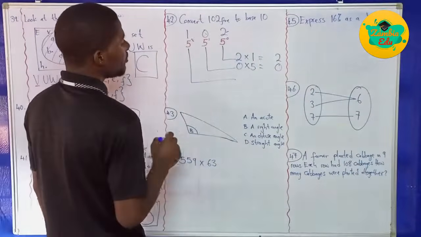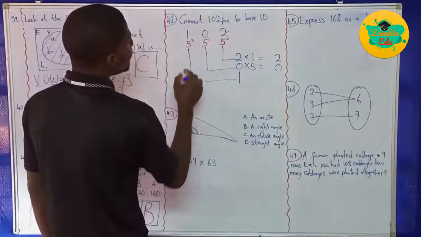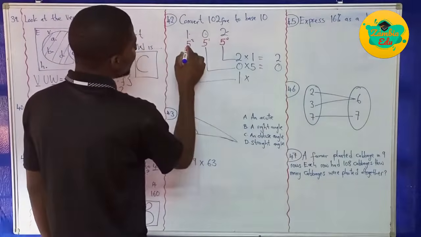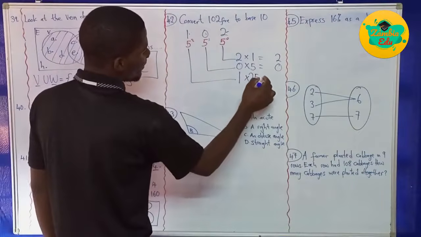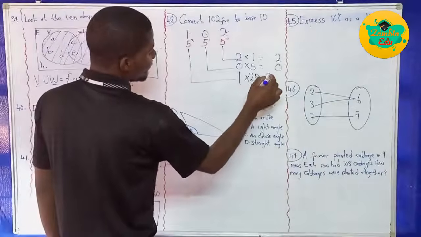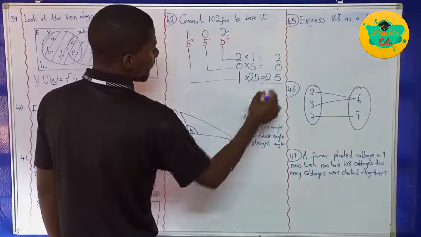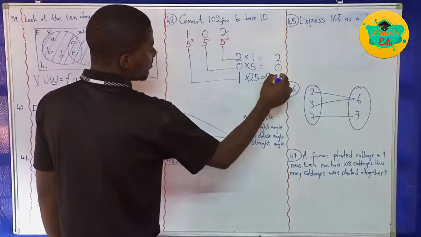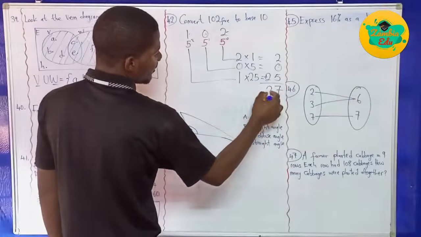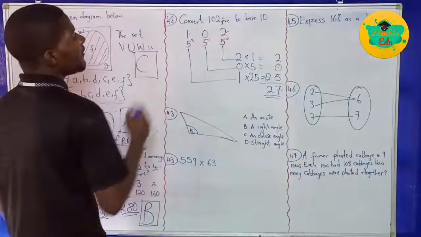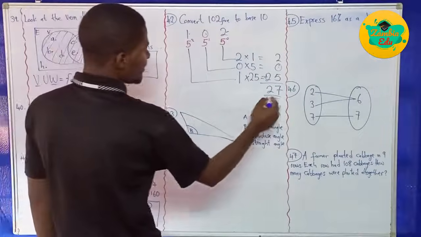We have our third digit, the 1, times 5 to the power 2, which is 25. And 1 times 25 gives us 25. And then we add 2 plus 0 is 2, plus 25 is 27. So convert 102 base 5 to base 10 is 27.